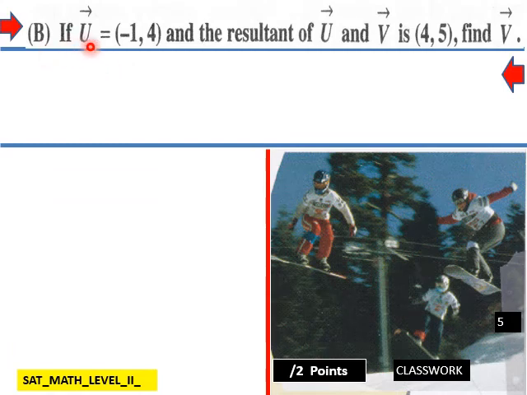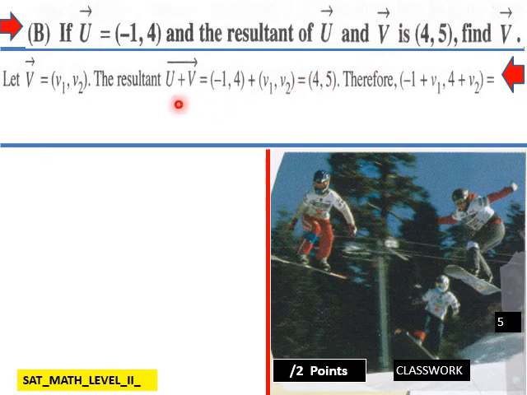Okay, B here. If vector u equals negative 1, 4, and the resultant of vector u and vector v is 4, 5, find vector v. To do that, let vector v equal v1, v2. The resultant is vector u plus v, which equals negative 1, 4 plus v1, v2, which is 4, 5.